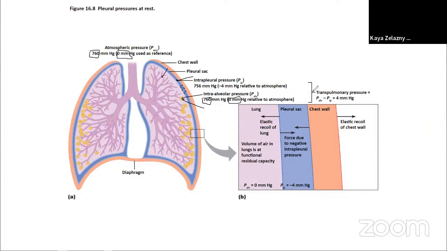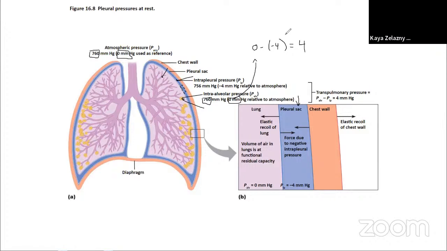So if we wanted to calculate the force that's keeping those two things together, we take our alveolar pressure of 0, and we'd subtract our pressure in the pleural sac, which in this case is -4. And so our transpulmonary pressure would be 4.